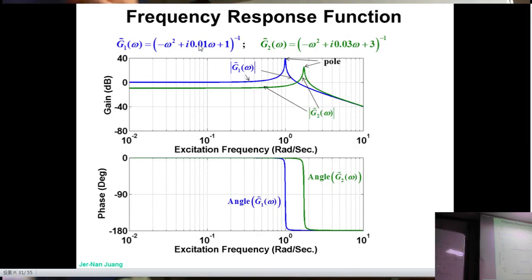Okay. And if you look at each individual plot, it's much simpler, right? There's no zeros. And where did the zeros go? All right. And look at the phase plot.